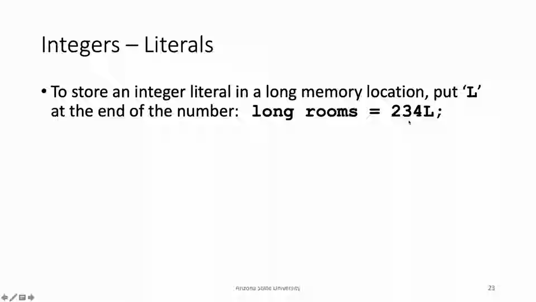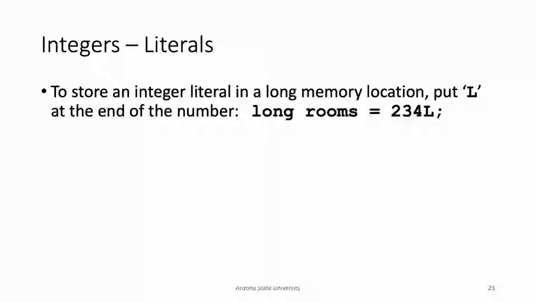So this says that 234, the literal itself, is an int. But if I want to put it into a long variable, then you would put a capital L on the end. In fact, this is not necessary, but it's just for readability.